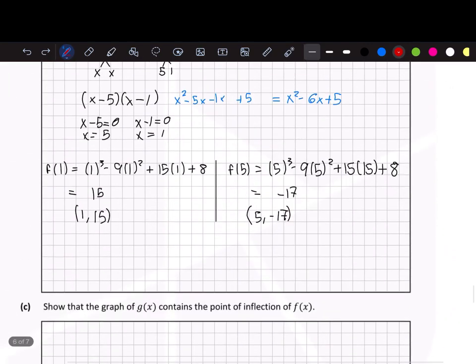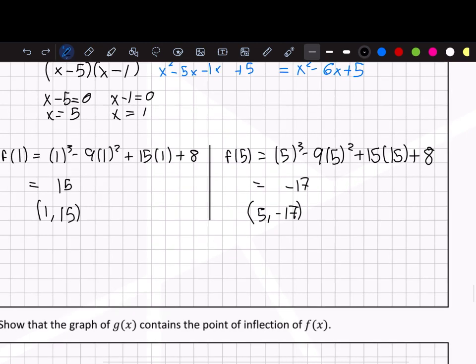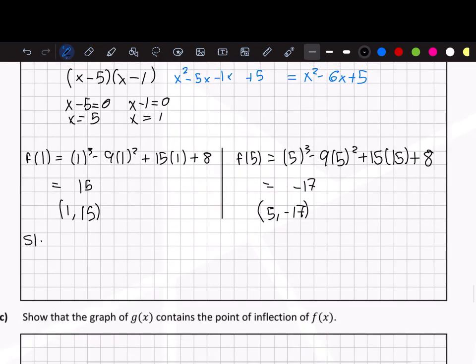So my slope is going to be y2, so minus 17, minus y1, 15, over x2, which is 5, minus the first one, 1. So that I get minus 32 over 4, which is just equal to minus 8.